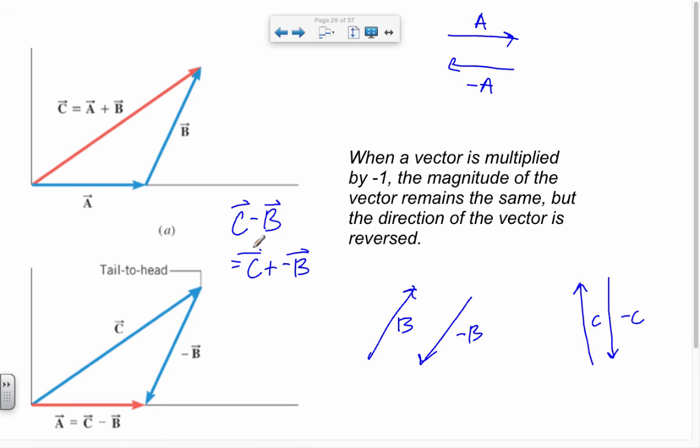So I'd flip B into the opposite direction. Do you see how now B points down instead of up? And I would add C first, so we'll draw C first, and then negative B, and we'll end up with A. Okay? There's more information on this in your book in 1.4 and 1.5, I believe, if you need more information.